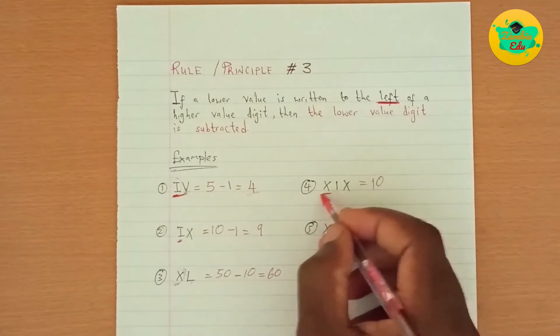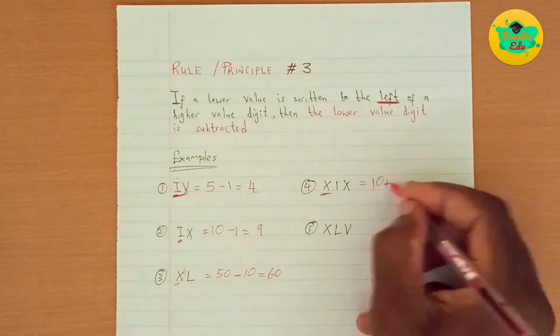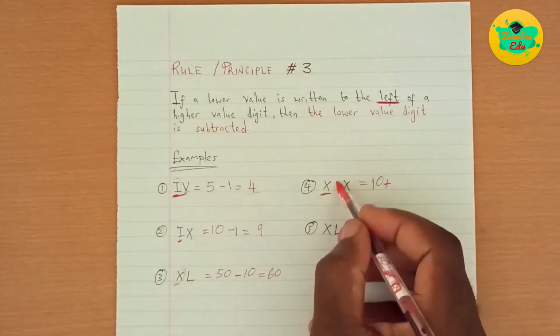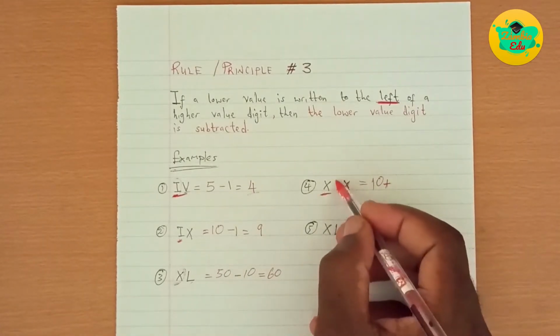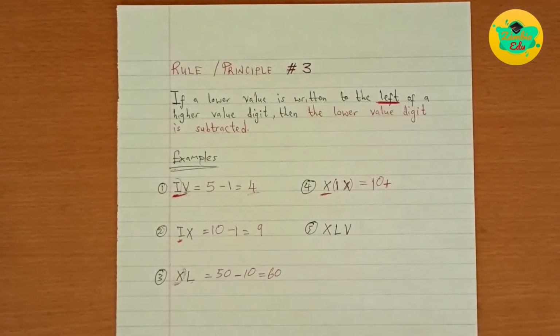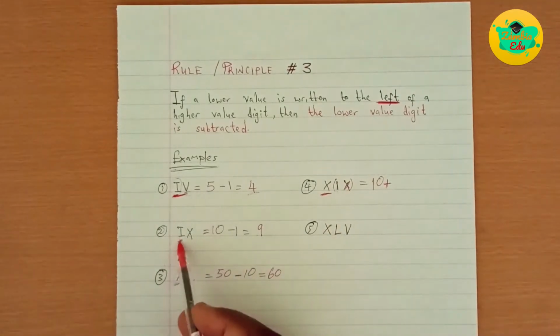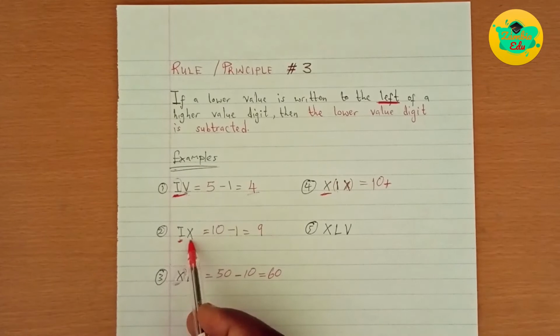This X, the first X represents a 10, and then we're going to say plus. So IX, these two are going to be considered to be together in that particular way. So this one, IX, is literally the same as the one we are solving in our example number 2 there.